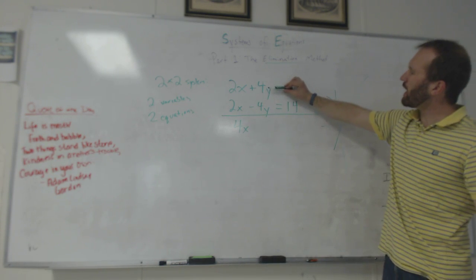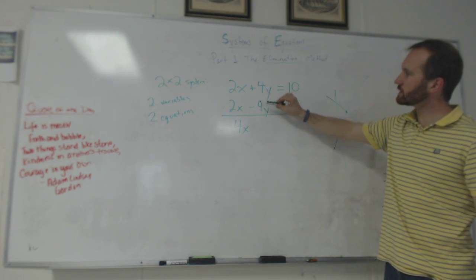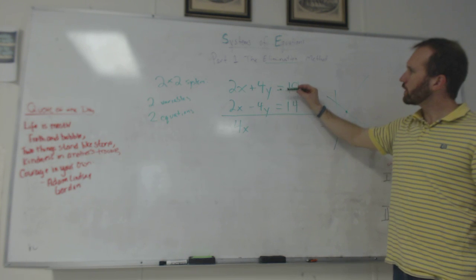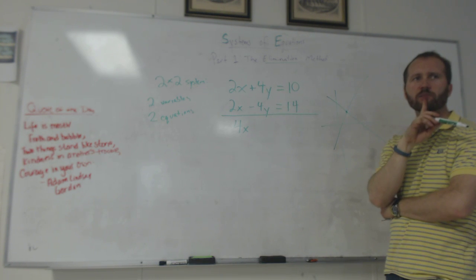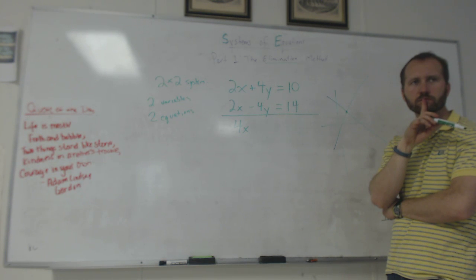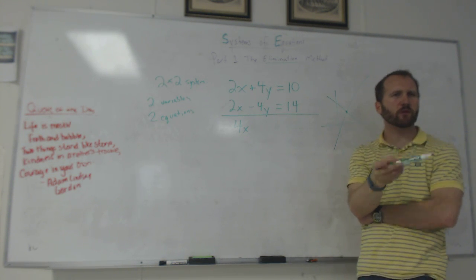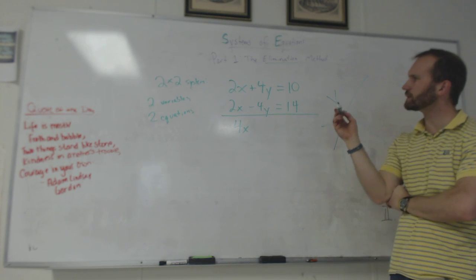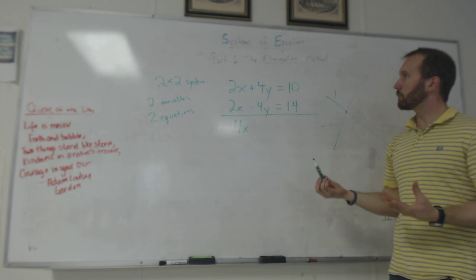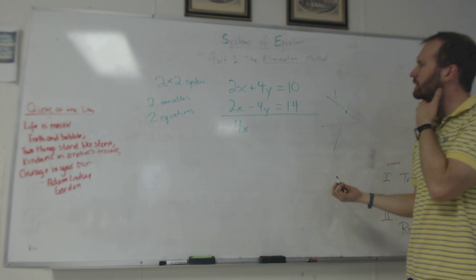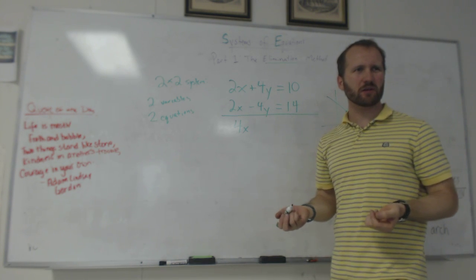Now I'm going to add my y's. 4y plus negative 4y. What's that going to give me? What's 4 plus negative 4? 0. 0y. 0y is just 0.